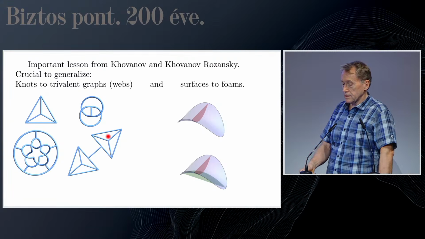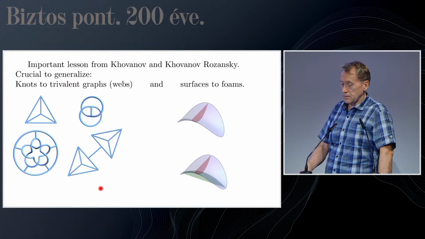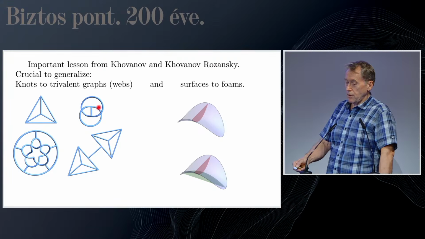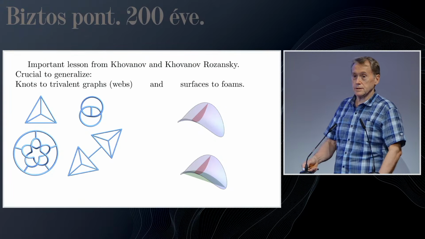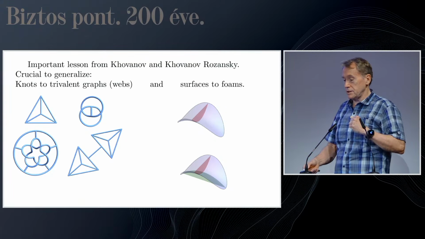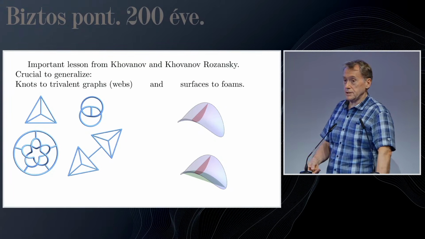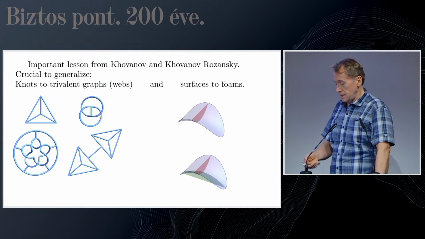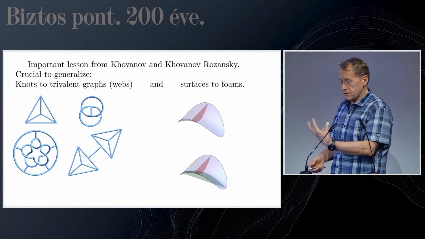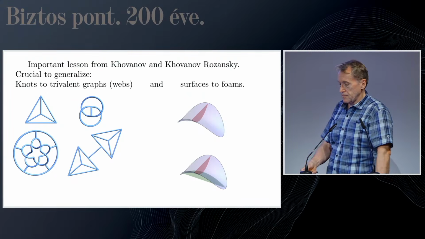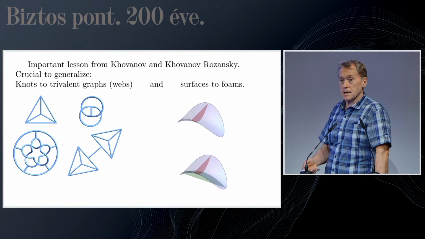Whereas if I look at this one, there is a two-sphere which hits it in one edge. So although both of these, in the sense of graph theory, have a bridge, where if you remove an edge it becomes disconnected, as a three-dimensional gadget, this one is bridgeless, this one is not.